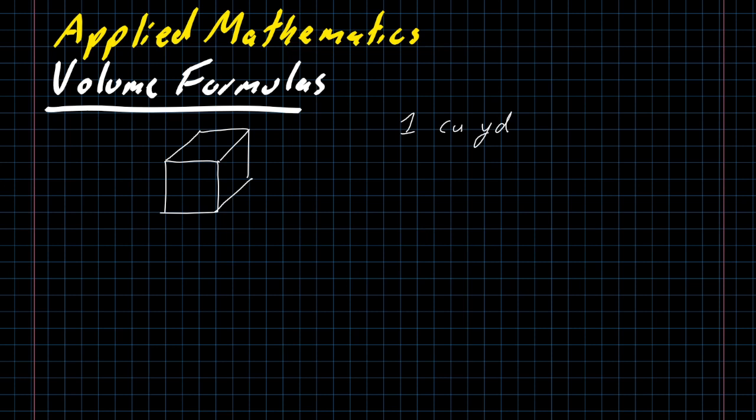So a cubic yard, we could also write as a yard to the third power. It is the volume of a cube which measures 1 yard by 1 yard by 1 yard.